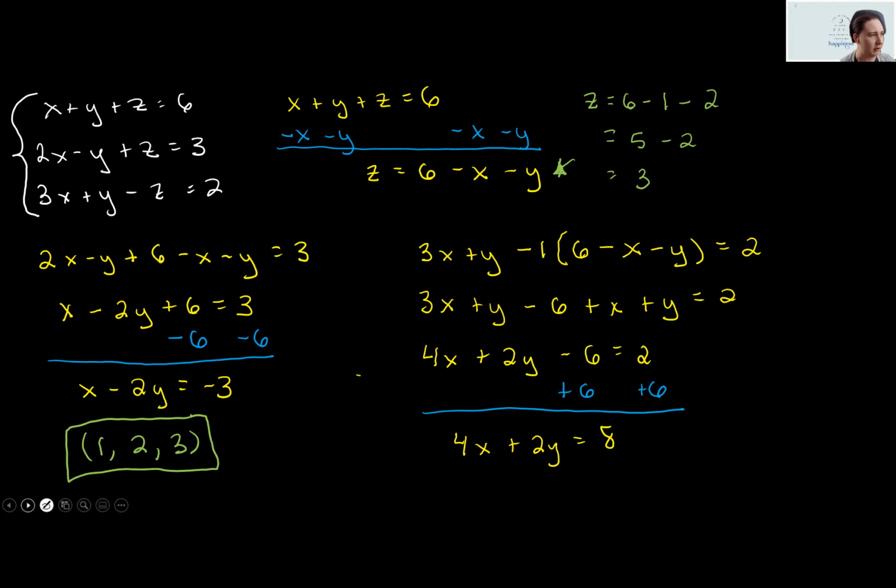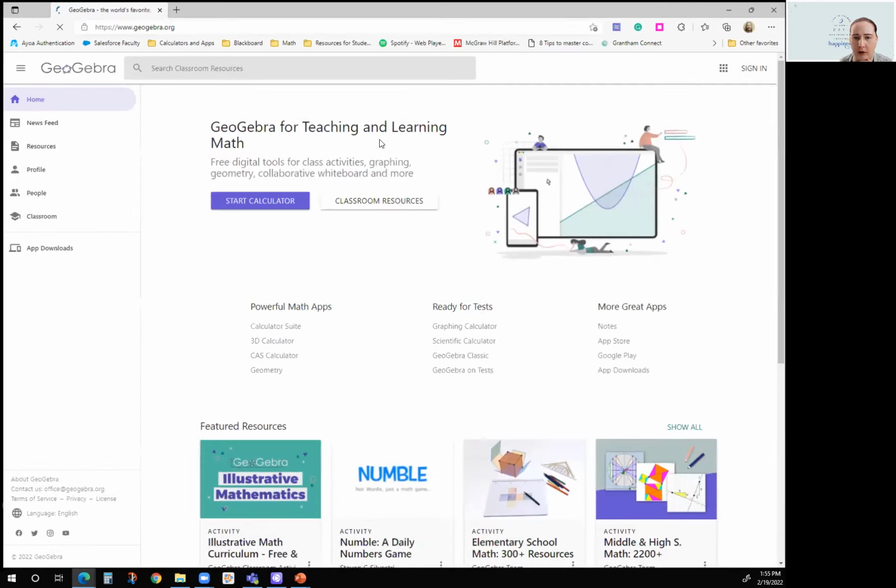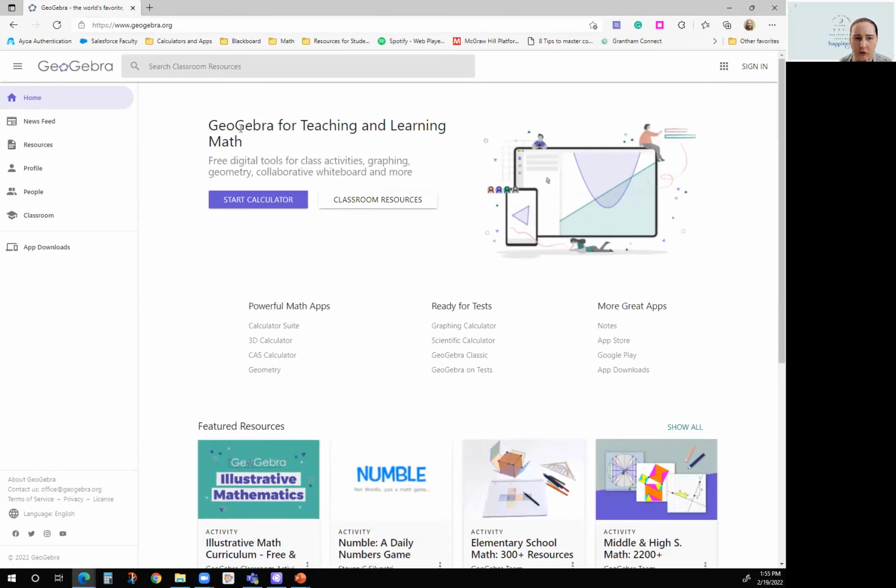There is a website that does 3D graphs, actually. I'll pull that up. So Geogebra is another kind of graphing website, and this does 3D stuff. Desmos doesn't do 3D. So it's this 3D calculator thing here.